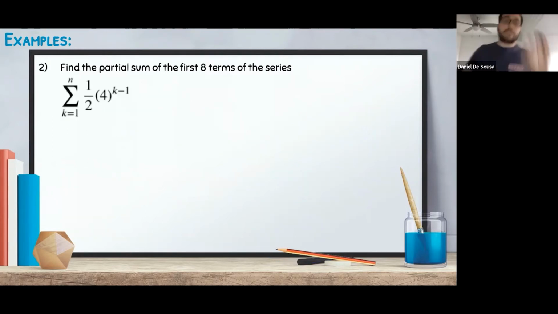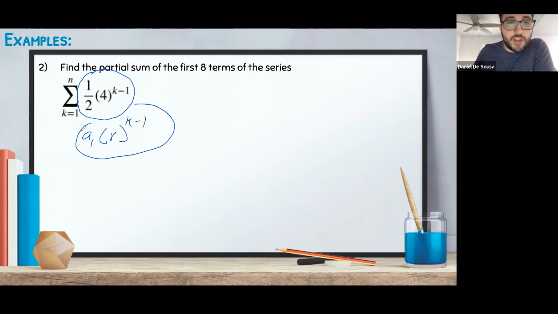All right, so the second thing that we did is, here's another example. I'm going to set this one up for you, and I'm going to have you solve the rest of this problem. So you might be looking at this and saying, this is not the same thing. It is, right? Because we already know that a geometric series is A1 times R to the K minus 1.